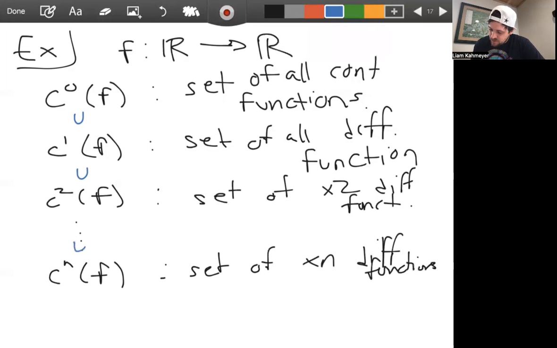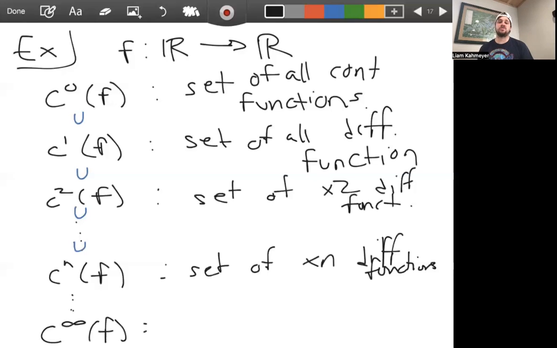This chain of inclusion would terminate eventually when you consider C infinity of F. This would be the set of all smooth functions, functions where you can take the derivative as many times as you want. For example, trig functions, right? You can take the derivative of a trig function infinitely many times. The derivative of e to the x is itself, so you could do that an infinite number of times, right? For something that's infinitely differentiable, we call it smooth. So this would be the set of smooth functions.